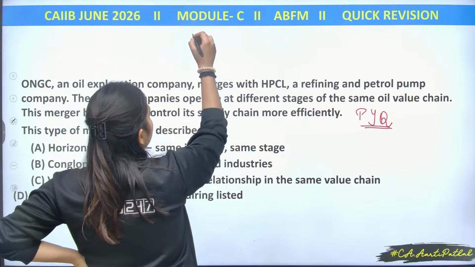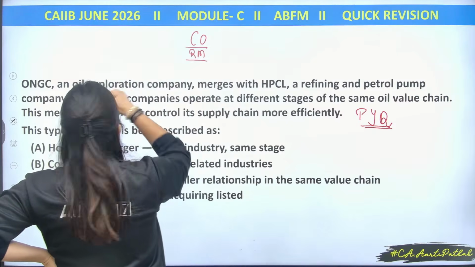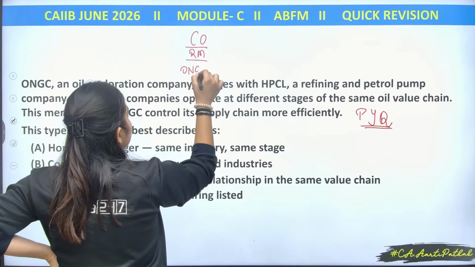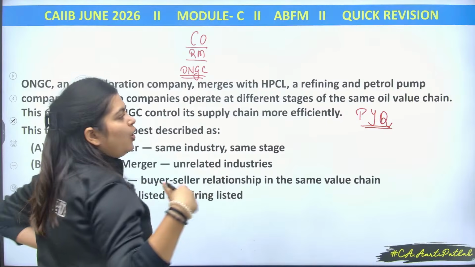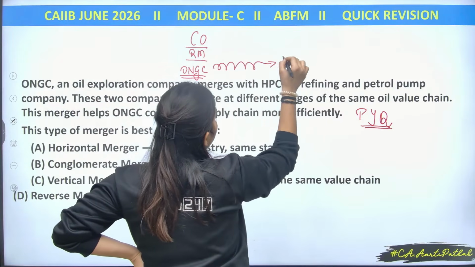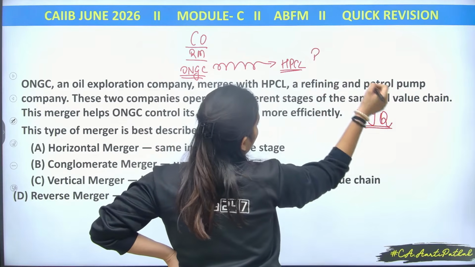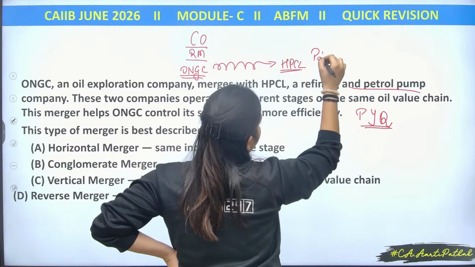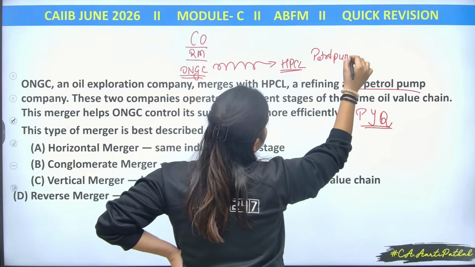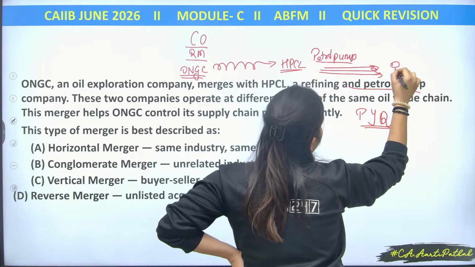Here we have one crude oil company, a raw material generating company, which is ONGC. ONGC extracts the oil, and after processing, they take the help of HPCL. HPCL has different petrol pumps, through which they deliver all these oils to the customer.